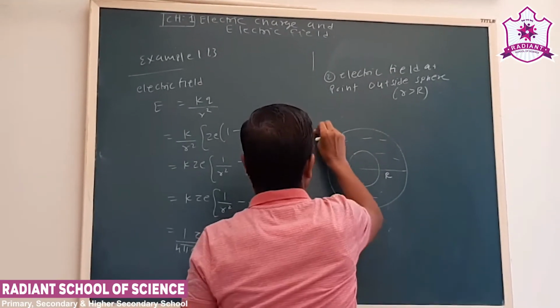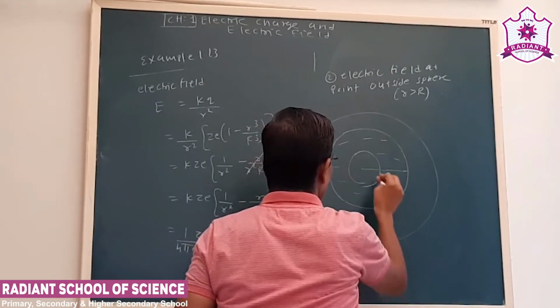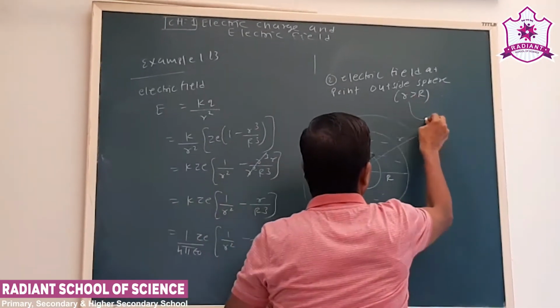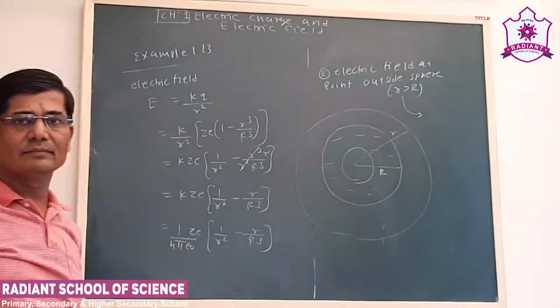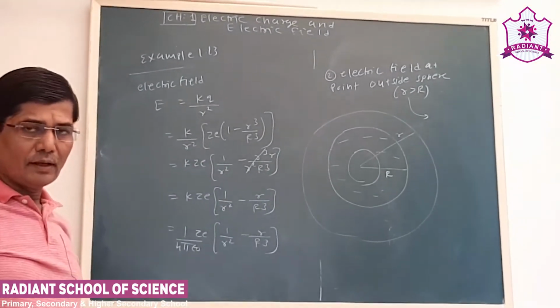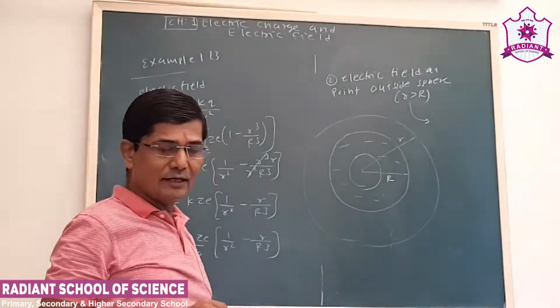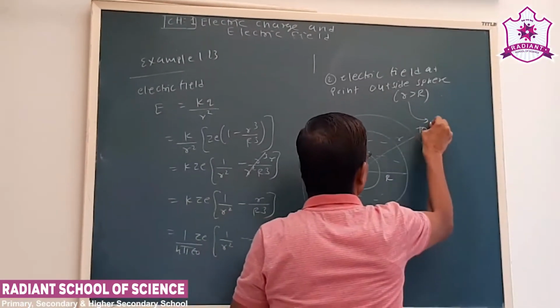Now we have to find the electric field at r greater than R. For a sphere, Gaussian surface of radius r greater than R, the total charge enclosed will be 0.